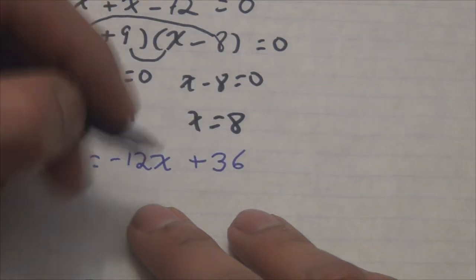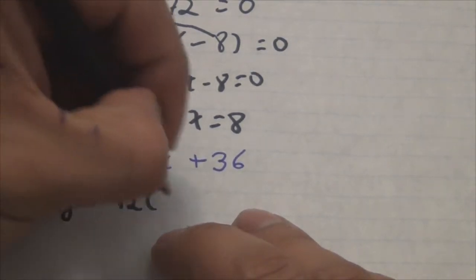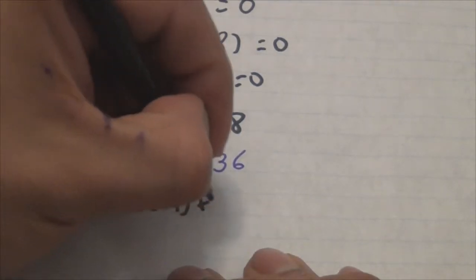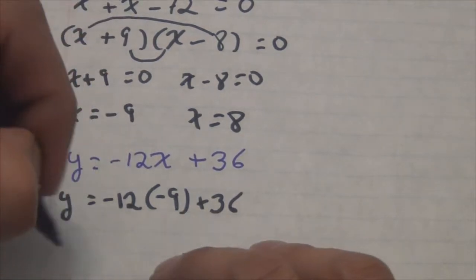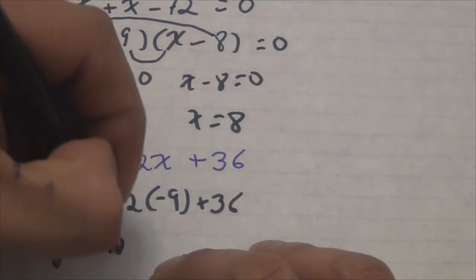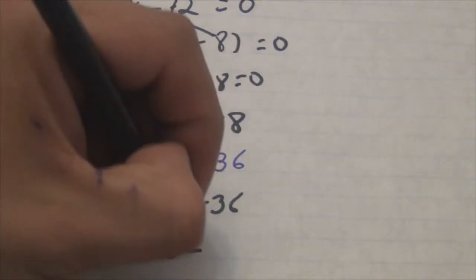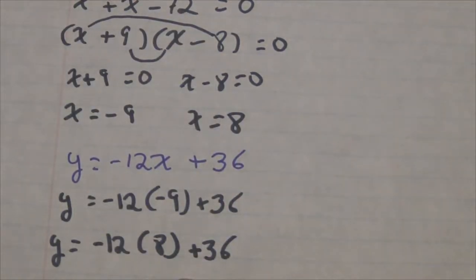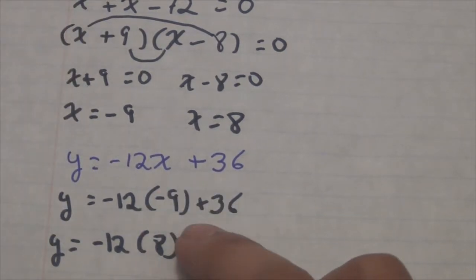So when x is negative 9, I get y equals negative 12 times negative 9 plus 36. And if I replace 8, I get y equals negative 12 times 8 plus 36. Now all I have to do is use the calculator. So what is negative 12 times negative 9? 108, right? Plus 36?